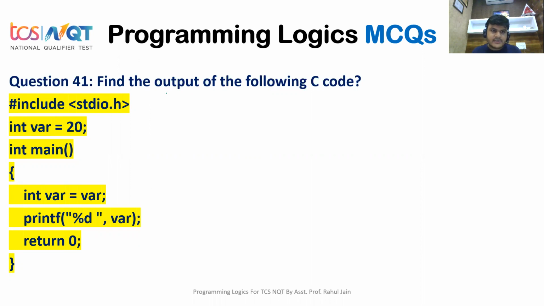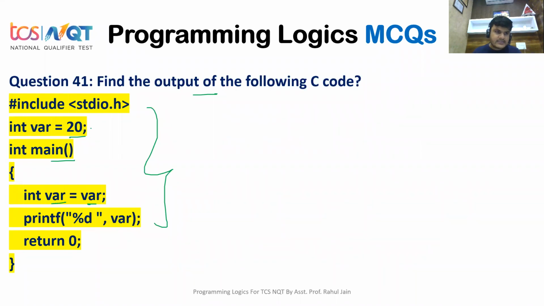Question number 41 is: find the output of the following C code. Here it is: #include <stdio.h>, int var = 20, then in main, int var = var, and printf. So what would be the correct output?